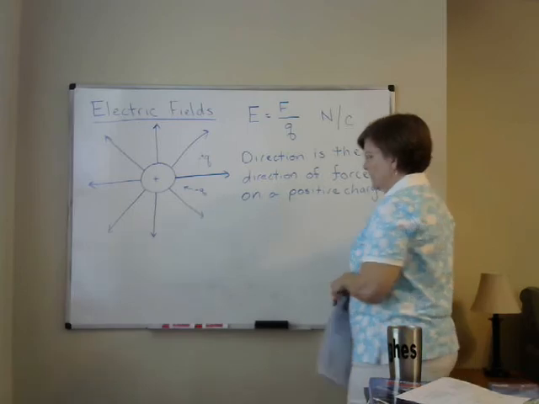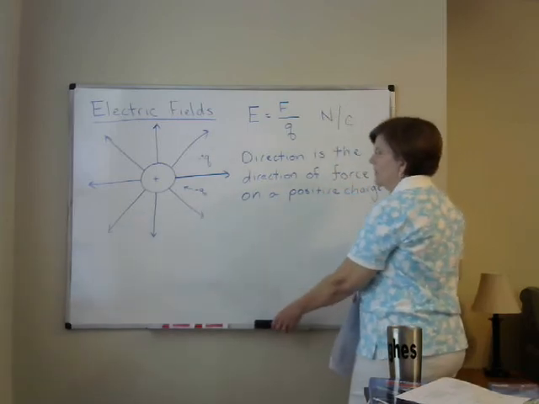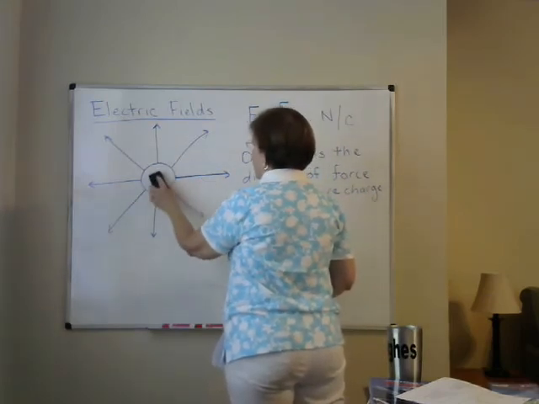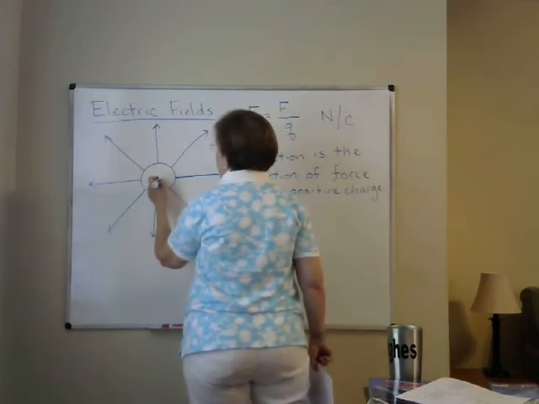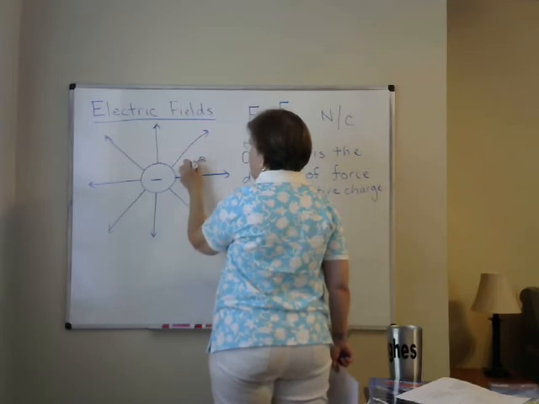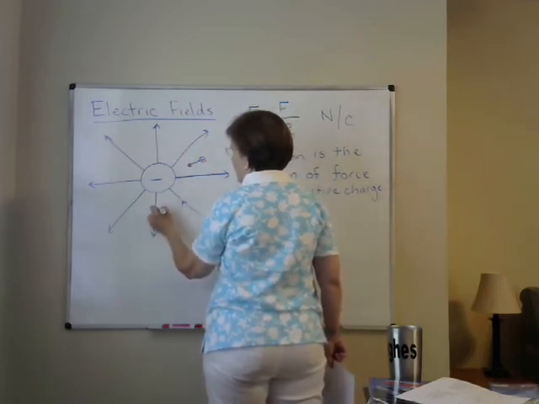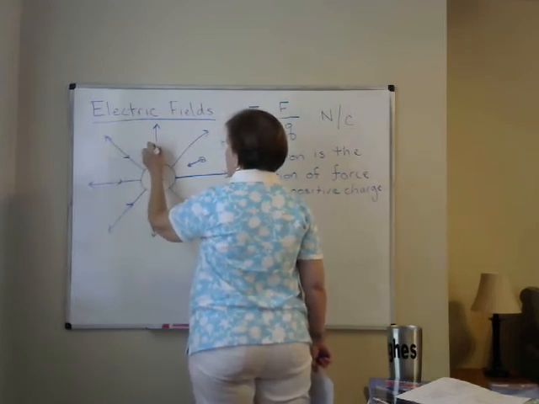Now, electric fields point away from positive charges. If I change my picture, and I let this be a negative charge, well, a positive charge now is going to be attracted. So I'm going to have to go through and change all of my arrows to point toward the negative charge.